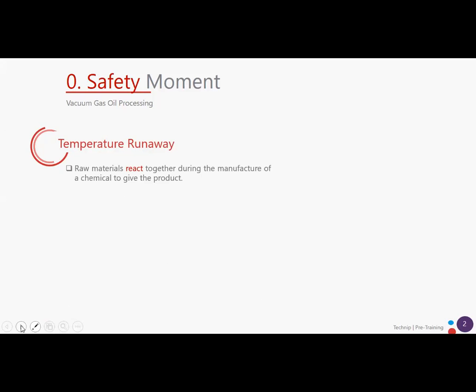So the raw materials, as you know, react together during the manufacture of a chemical to give the product, or during our refinery processes. We have a lot of chemical reactions. Such a chemical process often releases energy in form of heat, and the reaction is described as exothermic.